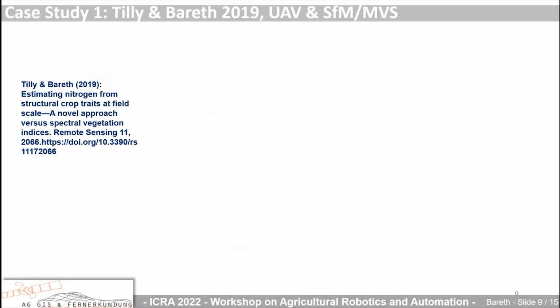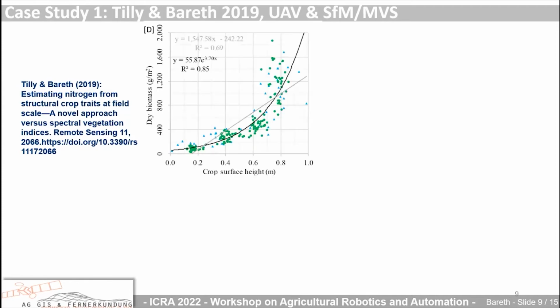Now, knowing that we can use plant height as an estimator for biomass, and in grassland, as I showed at the beginning, the citation from the late 50s, it's known for a long time that a compressed sward height gives you a nice measure for the amount of forage or biomass.